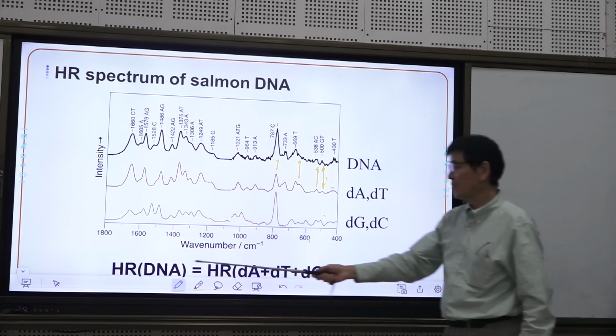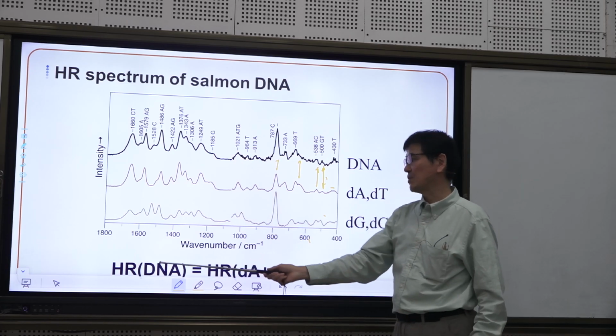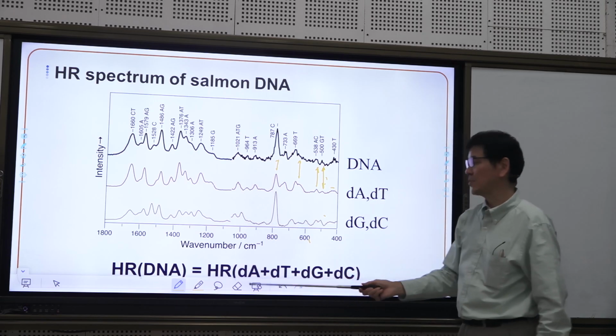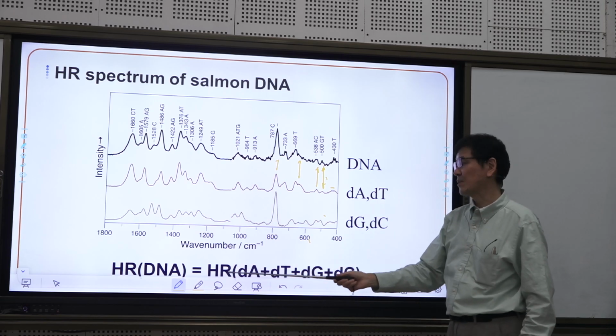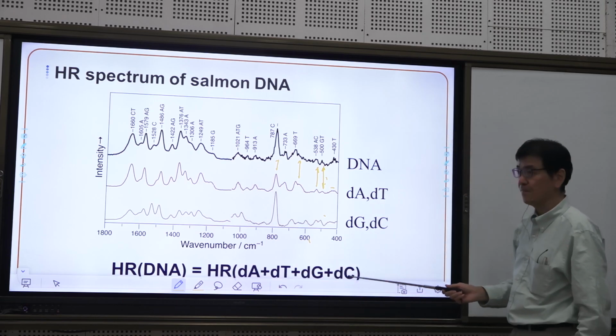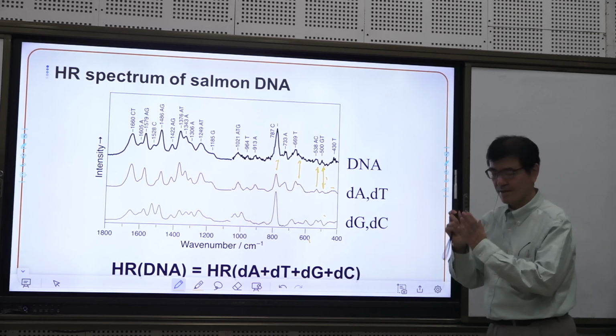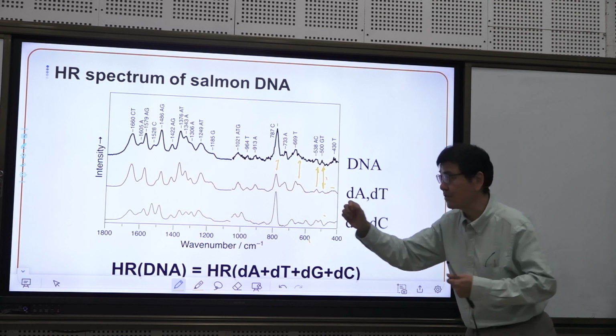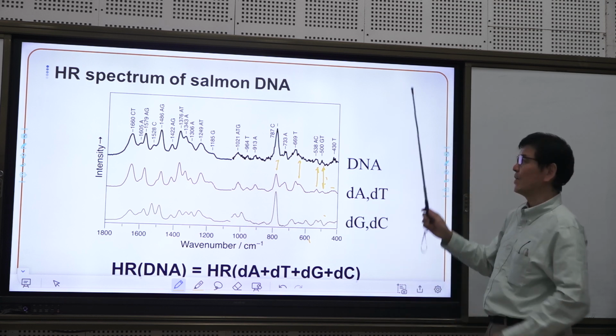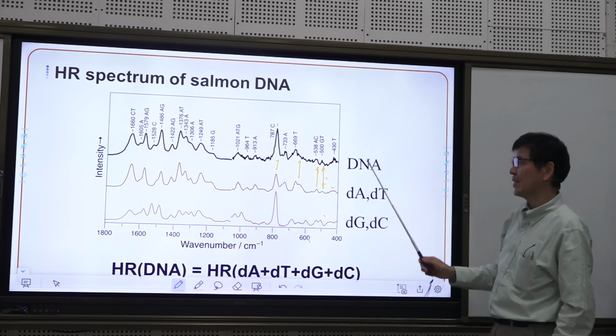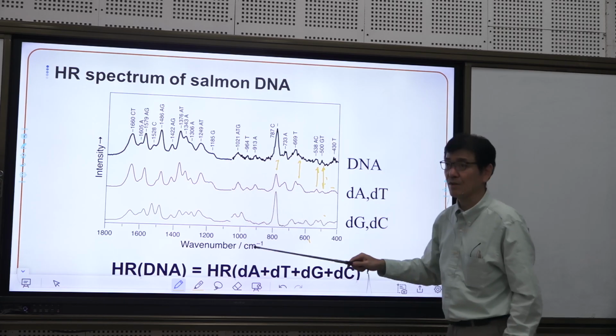That is, the hyper-Raman spectrum of DNA is explained by considering the spectra of ATGC. Okay, so I wanted to show that when we apply the hyper-Raman to DNA, some new information should appear.